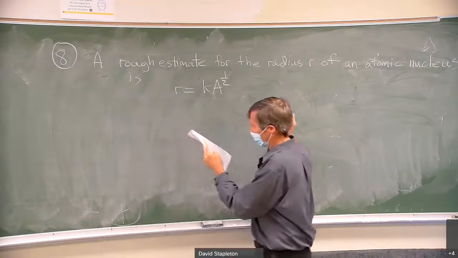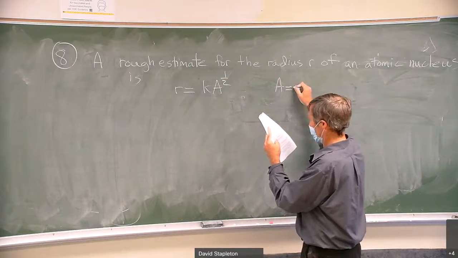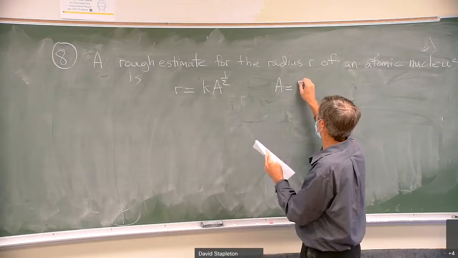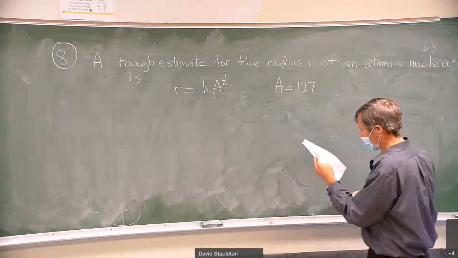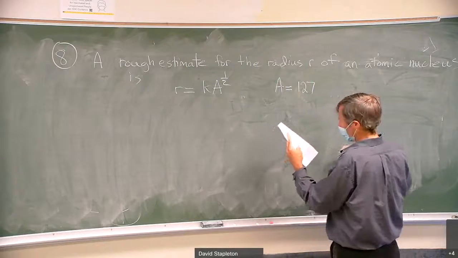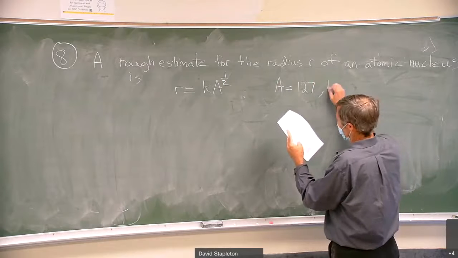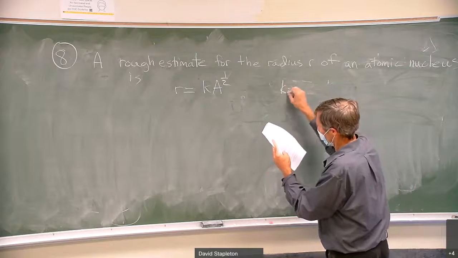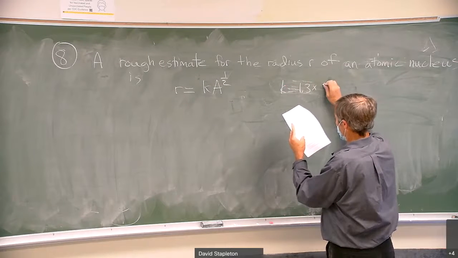Where A is the mass number and K is 1.3 times 10 to the minus 13. For this problem, we're going to say, suppose A is the mass number of iodine, 127, that's its mass number, the protons and neutrons in the nucleus. So A is 127, and K always is 1.3 times 10 to the minus 13th.